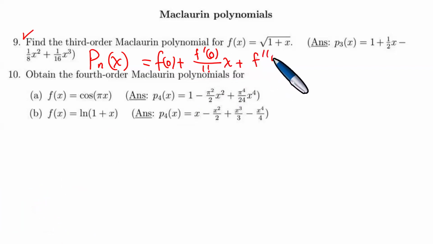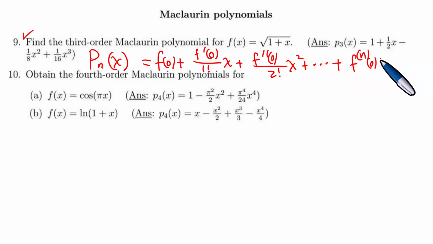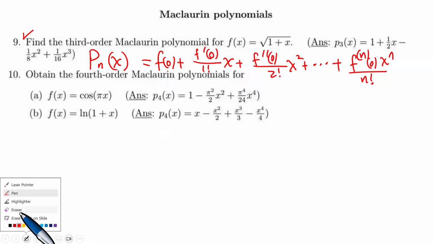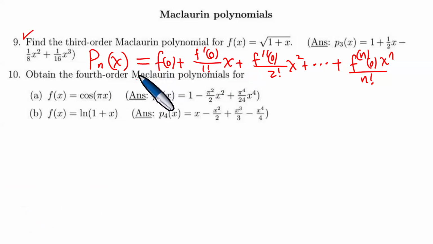So this is what we have now. This is the general Maclaurin polynomial of degree n.